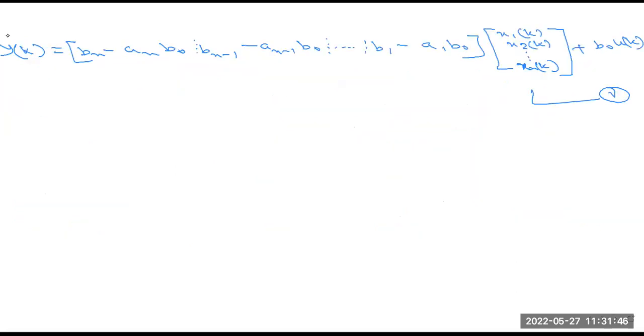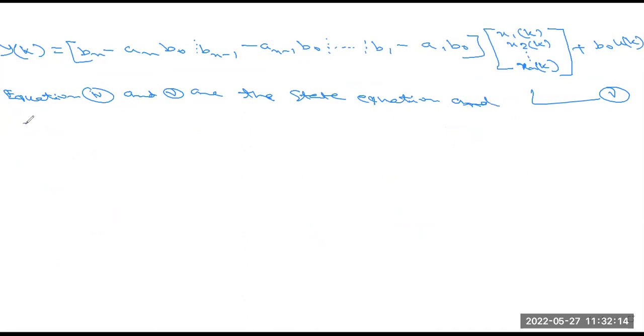So now equation 4 and equation 5 are the state equations and output equations.